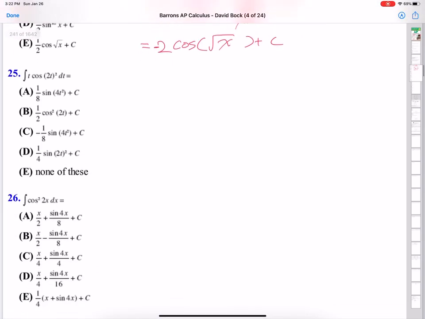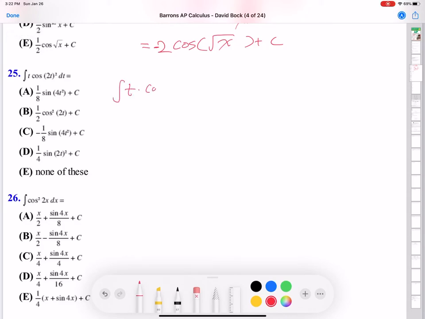Number 25. Integral t times cosine 2t squared dt. Okay, you have to be careful. Cosine 2t squared doesn't mean cosine 2t whole thing is squared, right? 2t is affected by the square only. So only the 2t part is squared. So you can change that: integral t times cosine 4t squared dt. And then the 4t squared part is going to be u.